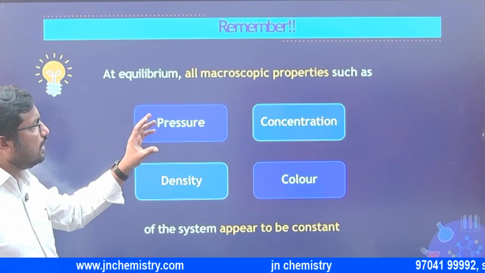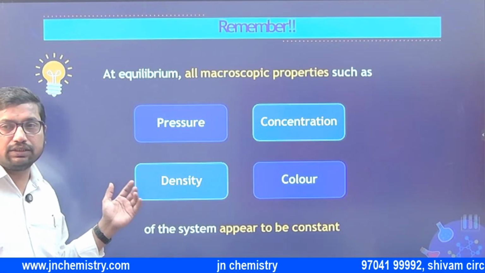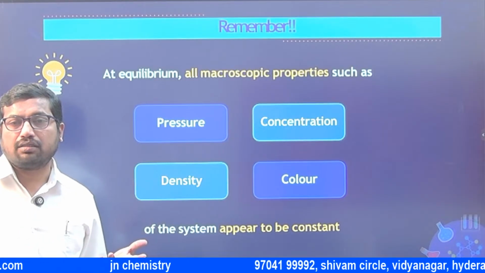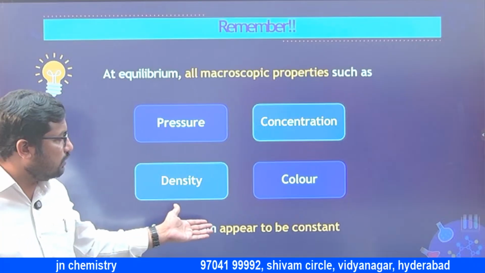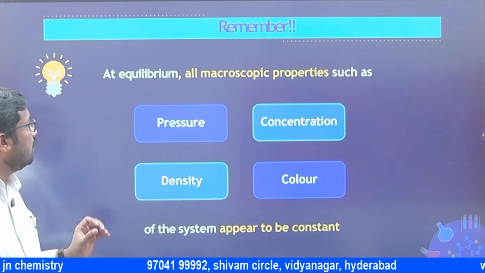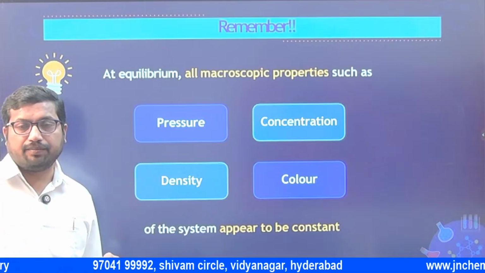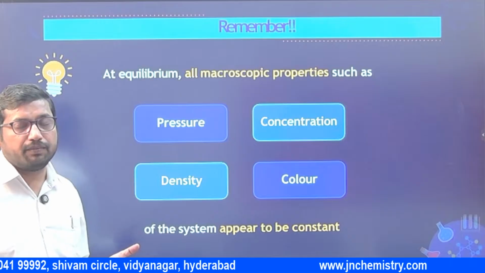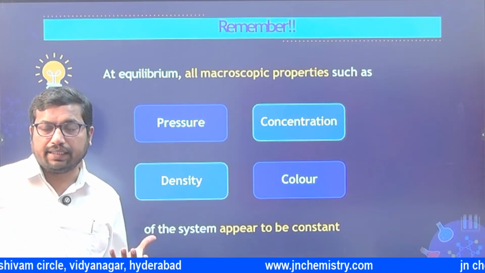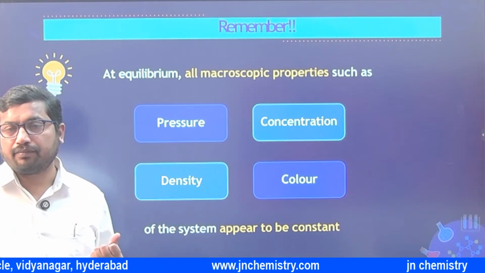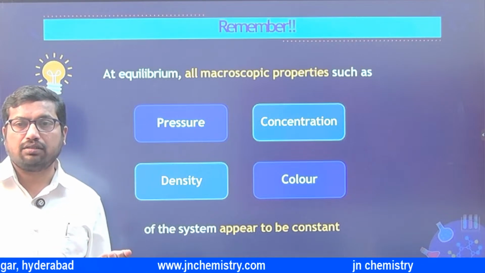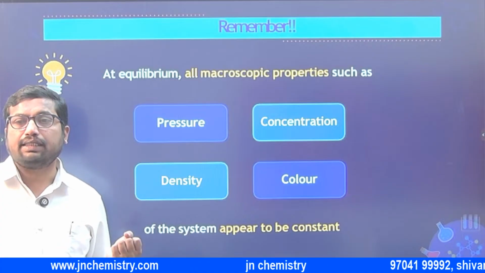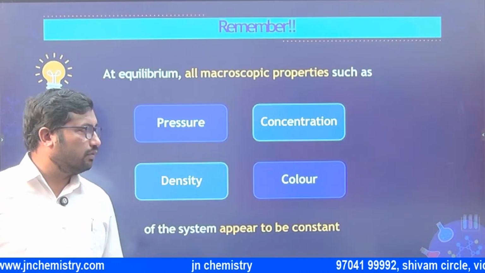So at equilibrium, all macroscopic properties of the system, such as pressure, concentration, density and color, appear to be constant. After attaining the equilibrium, write that point. All macroscopic properties such as pressure, concentration, density, color will be constant.